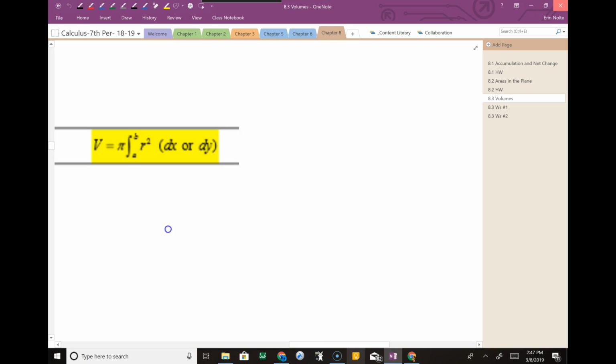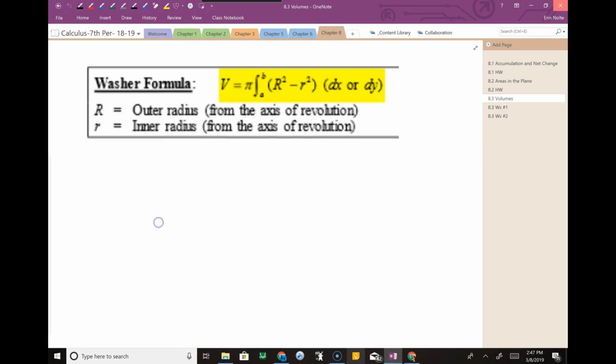So instead of calling it a donut, we call it a washer. If there happens to be a space between the area that you revolve around, then you have to do a separation. We're still doing pi r squared, but the difference is we're going to subtract the inner from the outer.